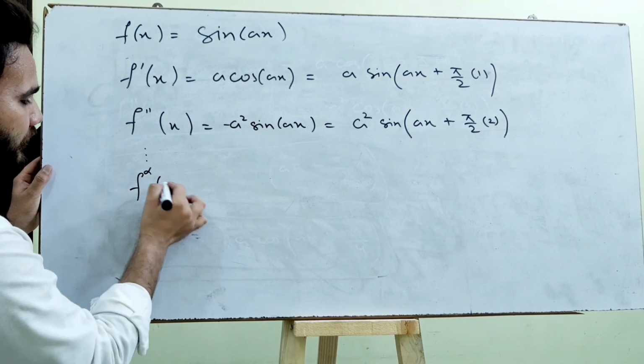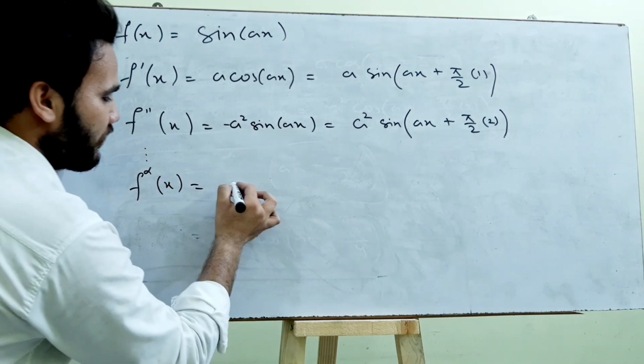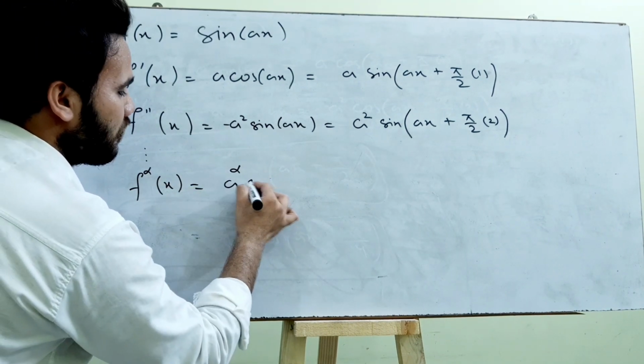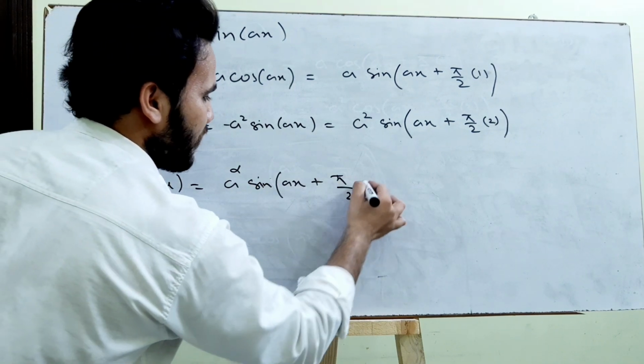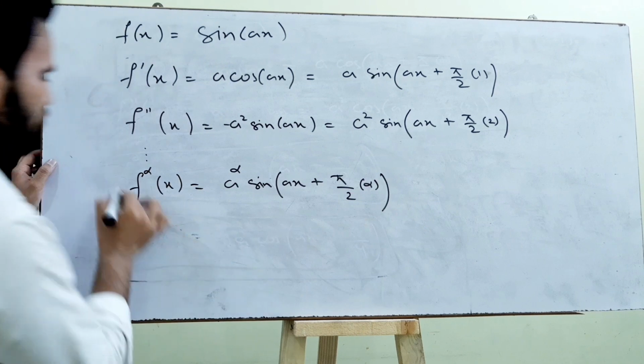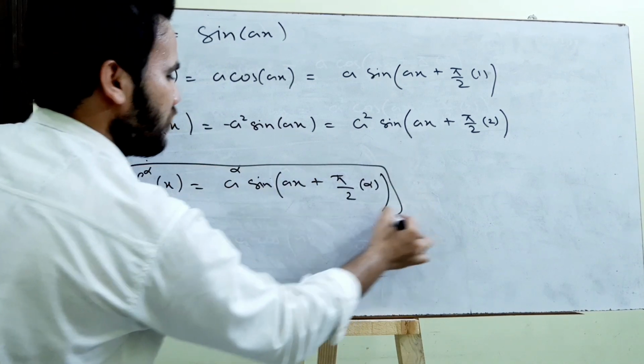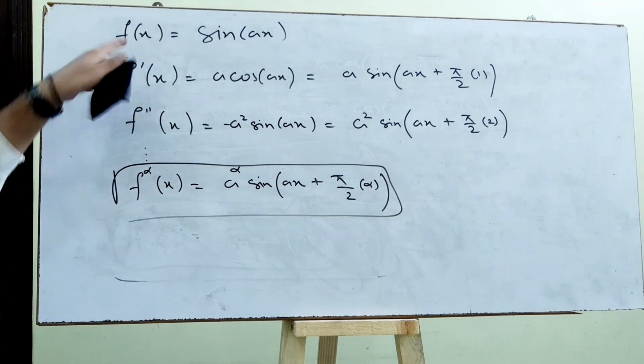The alpha derivative of this function can be written as a^alpha sine (ax plus pi/2 times alpha). This is the general derivative form of this function.